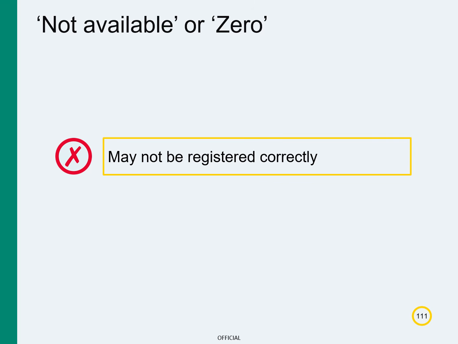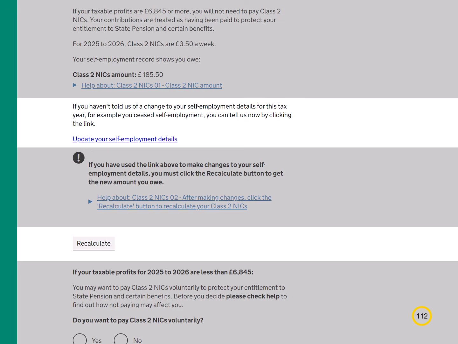If the amount shows not available or zero, you may not be registered correctly. Use the Help About link for guidance on what you need to do. If you think the amount is incorrect, this may be because you started or stopped self-employment during the tax year. Select the Update Your Self-Employment Details link to update your details.